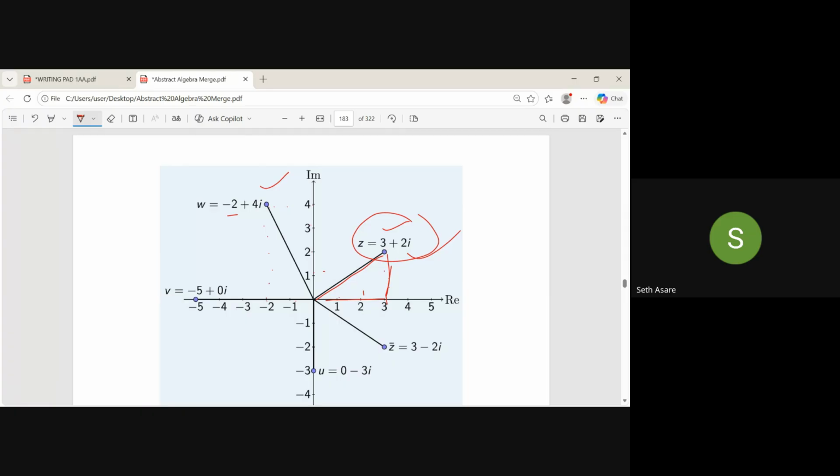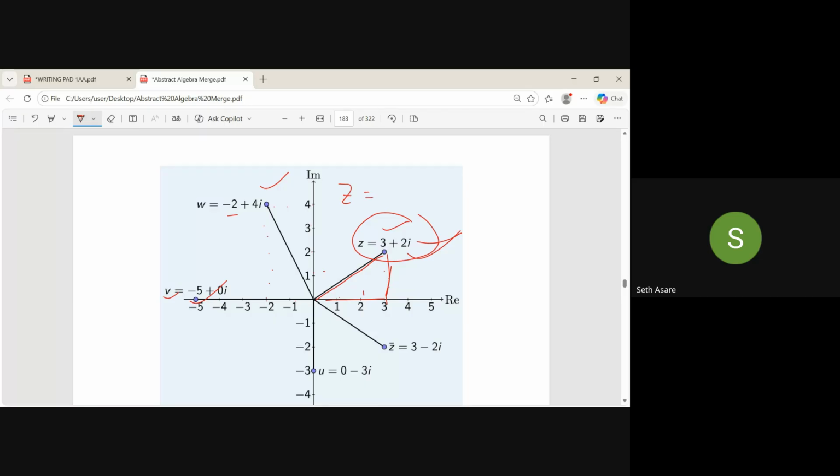Okay. Now let's look at V. The real one is 5, but the imaginary one is 0. And that one is this. Then if Z is 3 plus 2I, what is its conjugate?